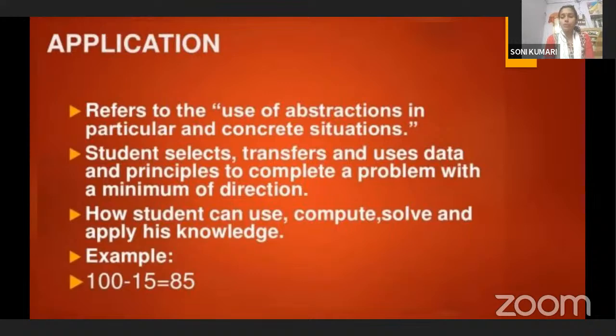A student can compute, solve, and apply his knowledge. For example, a math problem: 100 subtract 15 gives the result 85. If we give some homework and he completes it, that is called application.